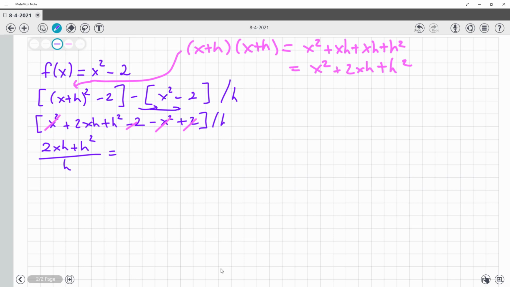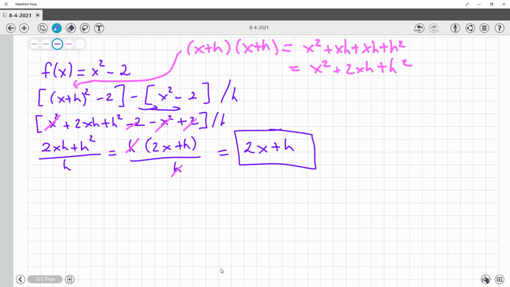Up top, both of these have a common factor of h that I could factor out. Right, so notice if you distribute it back, you would see that you'd get the 2xh and the h squared. I can now cancel the h, and I get my final answer of 2x plus h.